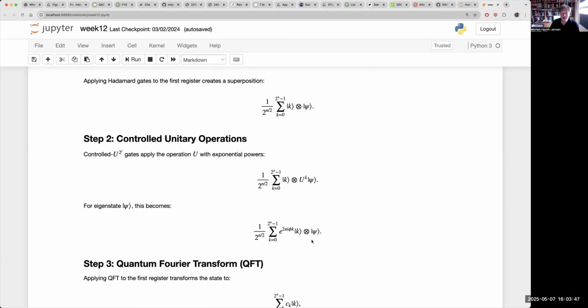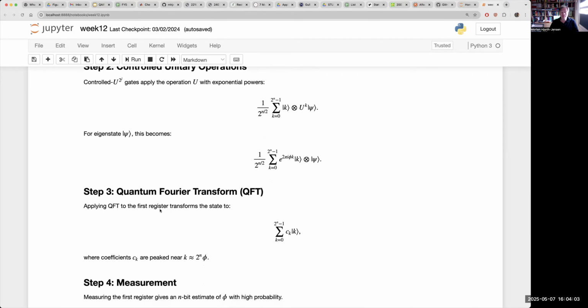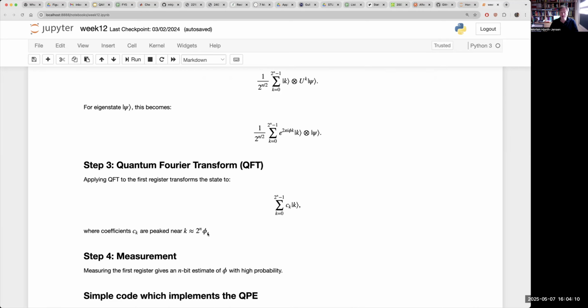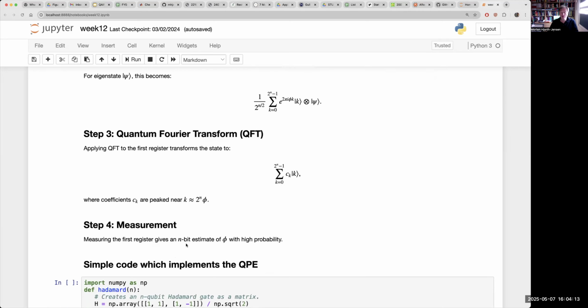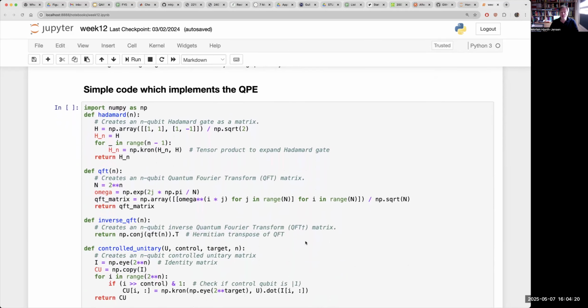For the eigenstate, this becomes equal to this expression, which you see here, because if this is a unitary transformation acting on the eigenstate, it picks out the given phase factors. Then we apply the inverse QFT to the first register to transform back, where the coefficients are peaked near the values of 2^n phi. And measuring the first register gives the n-bit estimate of phi with high probability. And this is essentially what is included in these codes.